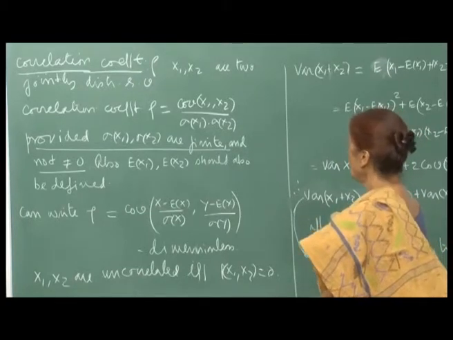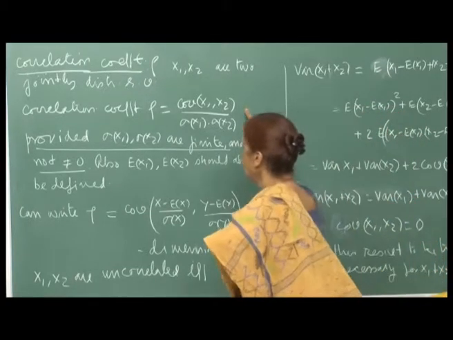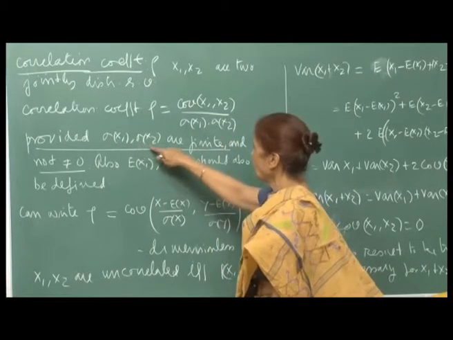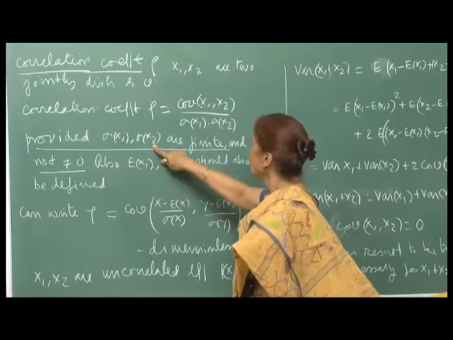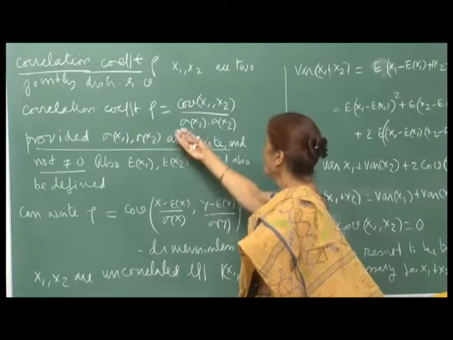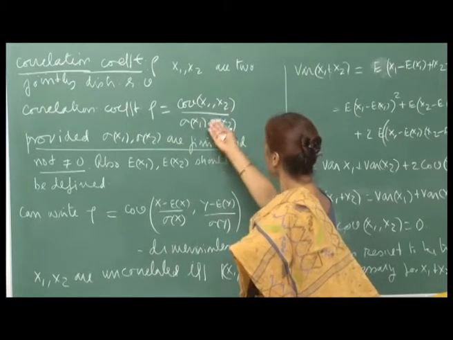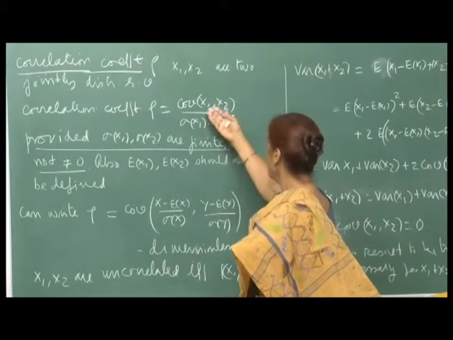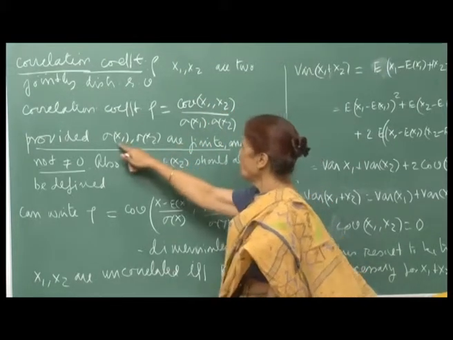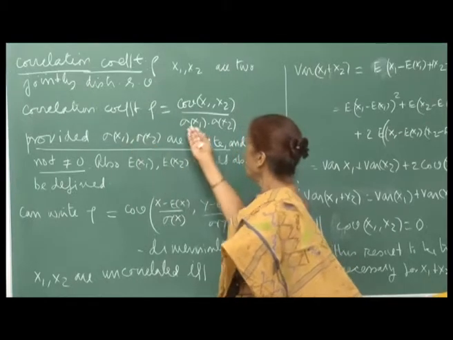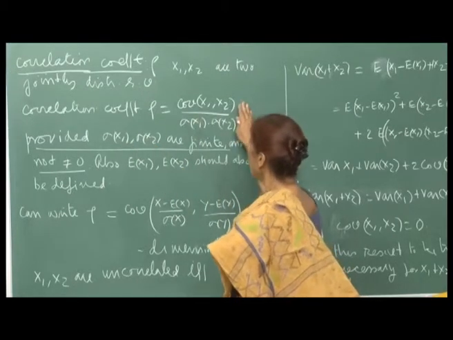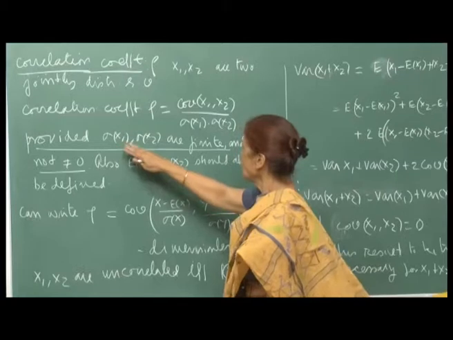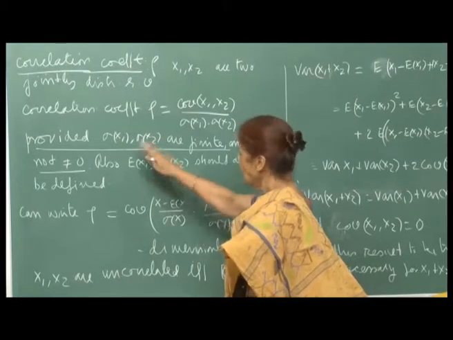Okay. Now, of course, this definition is valid only when sigma x 1 and sigma x 2 are finite, and in fact, they should not be zeros, because if x 1 or x 2 is a constant variable taking only constant values, that means no randomness about it, then your sigma x 1 will be 0, and so you cannot divide by 0. So, this quantity is defined only when sigma x 1 and sigma x 2 are finite and not 0.